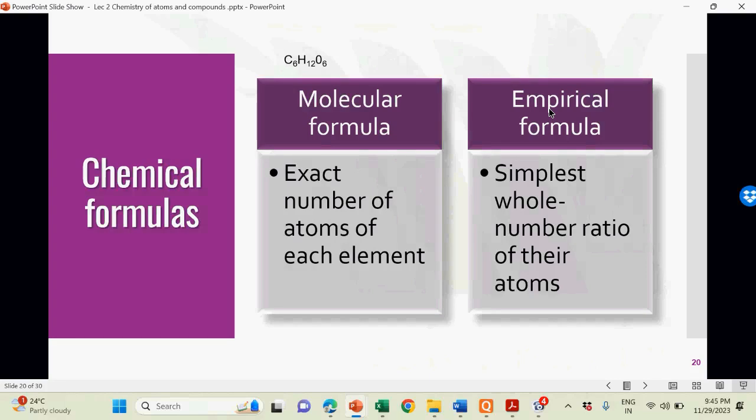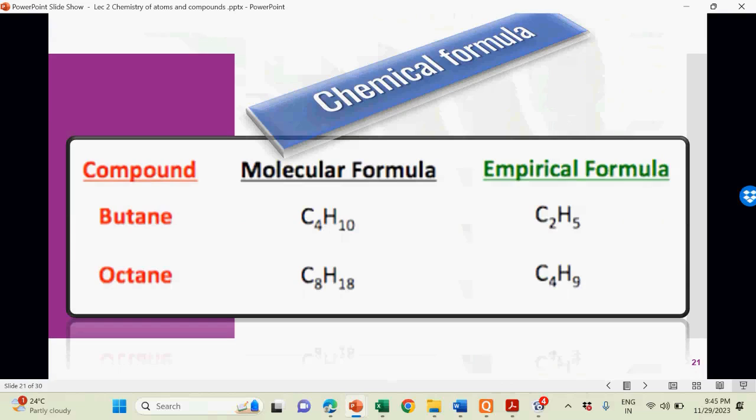When we are talking about the difference, it is easier with this example. The molecular formula for butane is C4H10, the exact number of atoms of each component that represents the butane molecule, which is one of the aliphatic hydrocarbons.